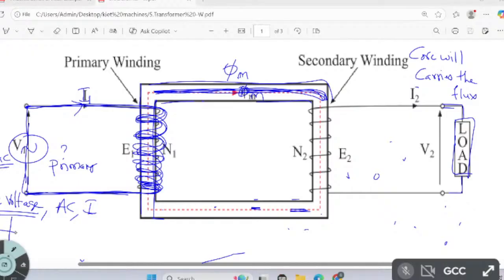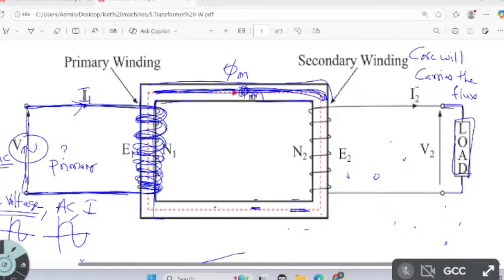AC voltage means AC current, which flows in the primary winding of the transformer.